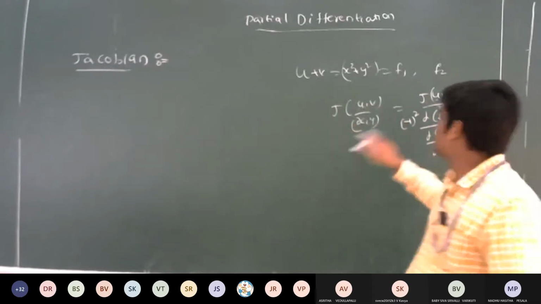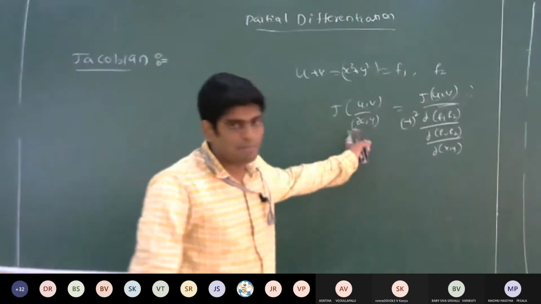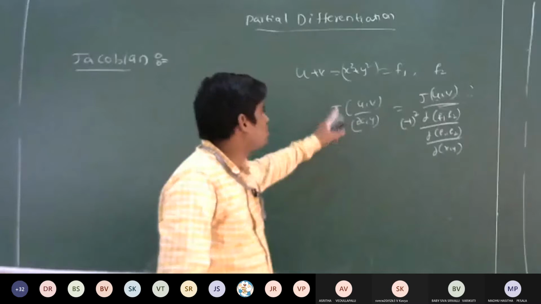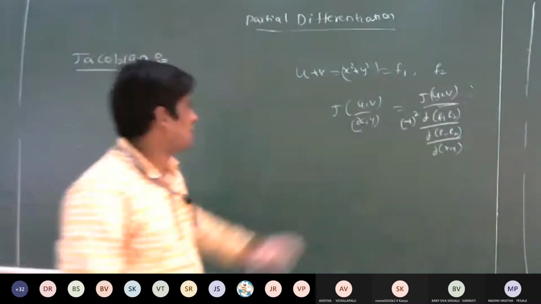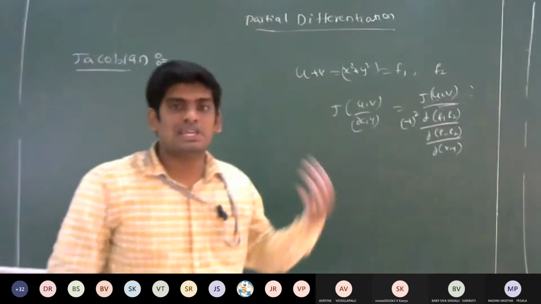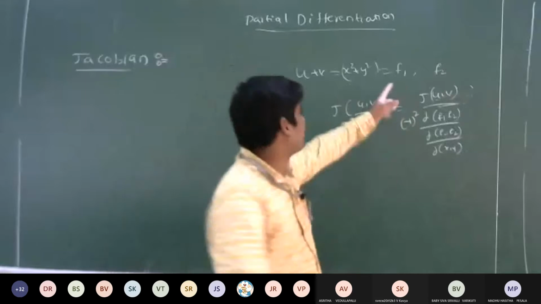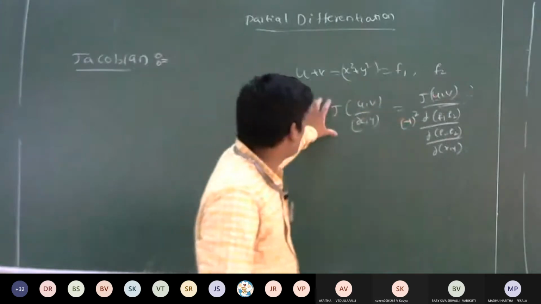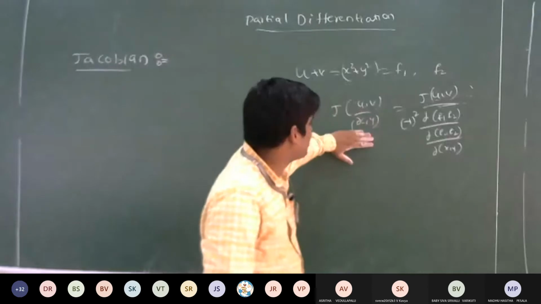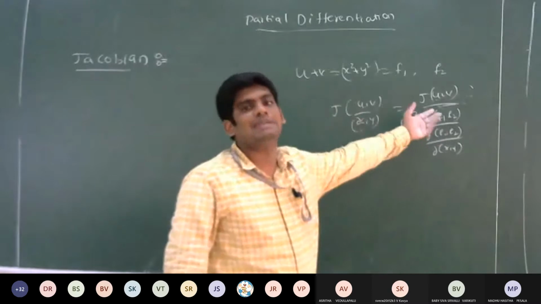Here I am taking two variables, so it becomes (-1) whole square. This is the third property of the Jacobian. It is used for implicit type functions. Clearly two functions are given in the problem, so take one as f1 and another as f2. Suppose we have three variables, it is (-1) whole cube.